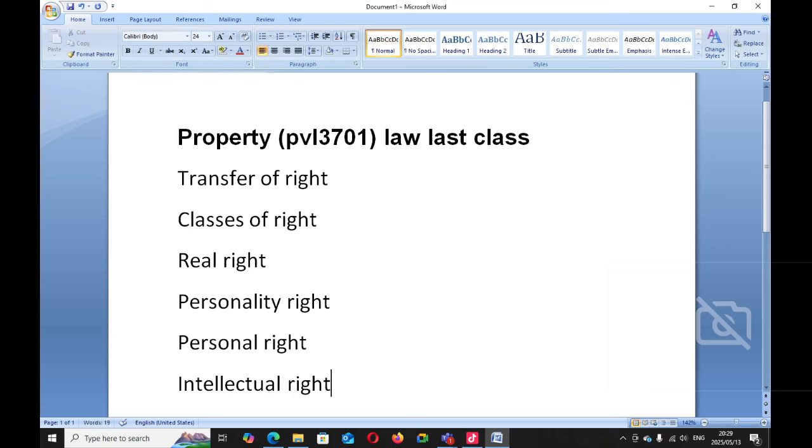These are the four classes of a right that a person has in South Africa. Now, the classes of rights, we have 4.